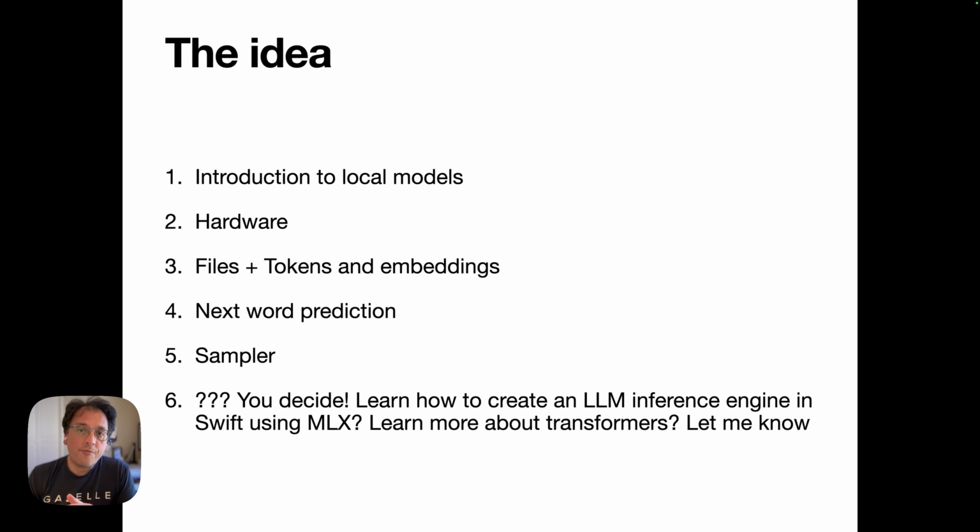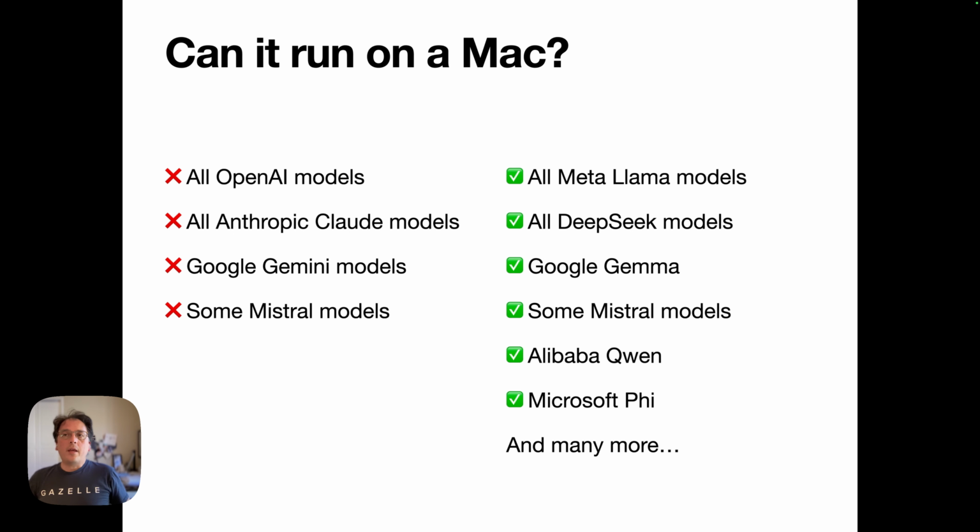And depending on your feedback, I can go more into the transformer part, or maybe straight to how to use MLX in Swift. You let me know what you want to see and what you want to hear, and I'll create new videos.